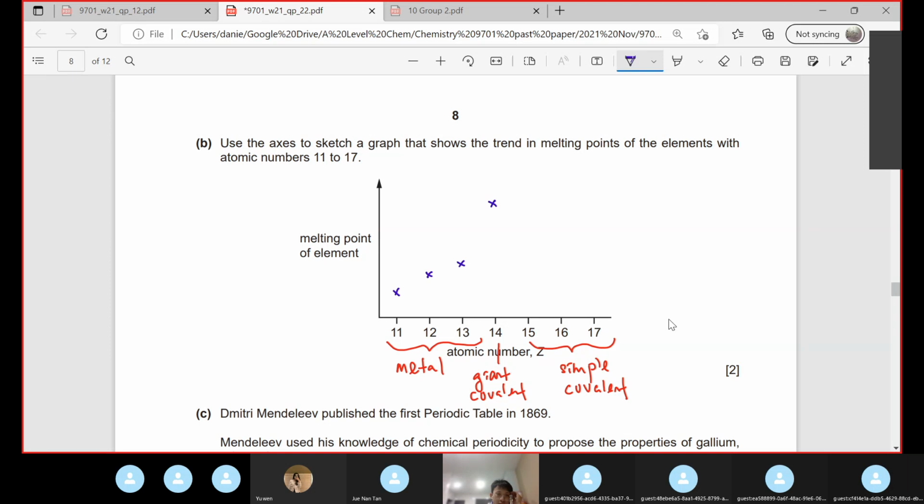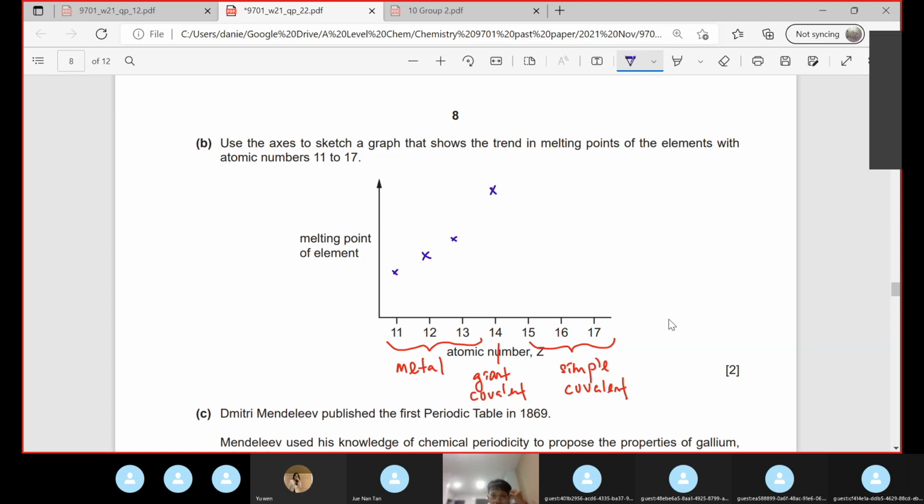Then comes 15, 16, 17. You need to show this trend. 15 is somewhere in the middle. Wait, the 11 one I show at the bottom already, 11 a little bit higher, 12, 13, then 14 goes very high.